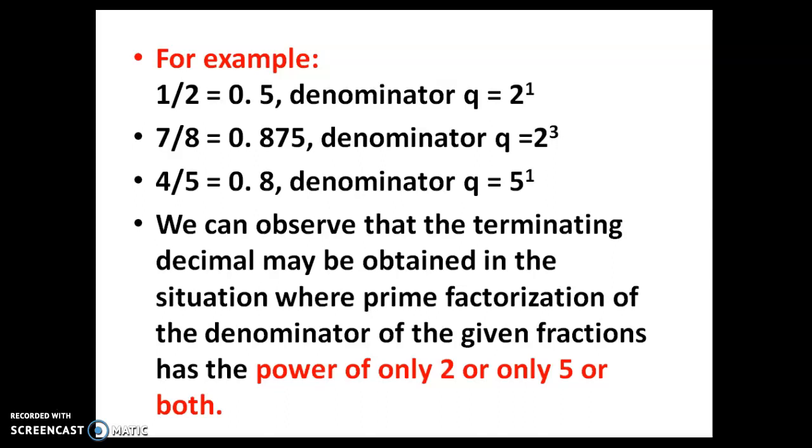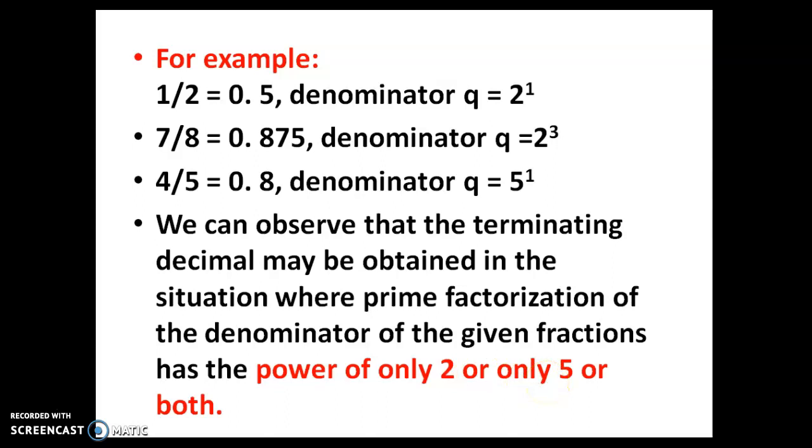Okay. So, by these observations, what can we conclude? A terminating decimal may be obtained in the situation where the prime factorization of the denominator of the given fraction has the power of only 2, or only 5, or both.